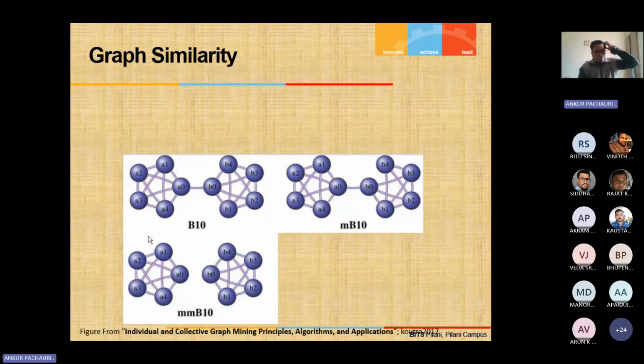It's a small example which I have taken from the book Individual and Collective Graph Mining: Principles, Algorithms and Applications, in which it is explained clearly with three diagrams.